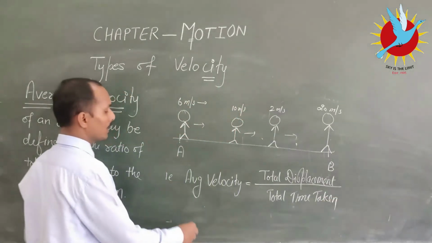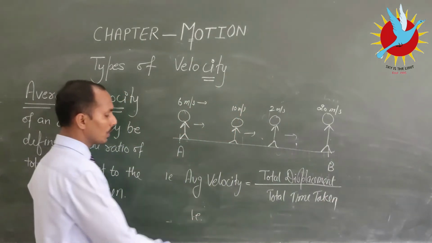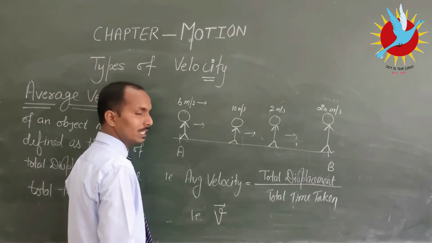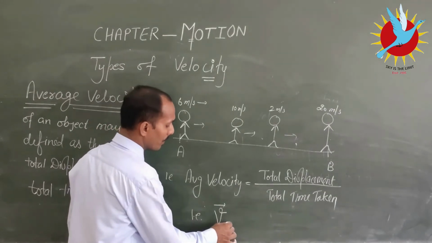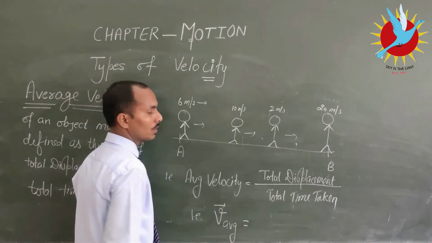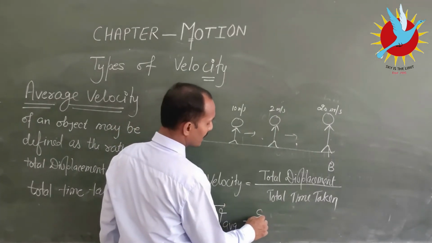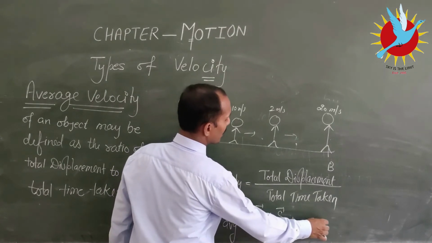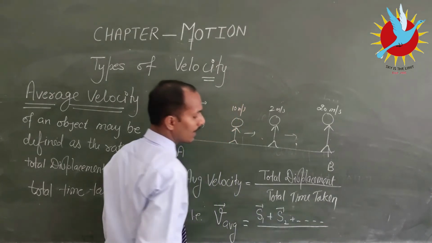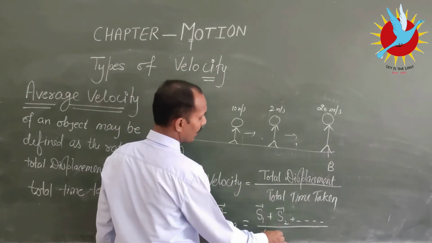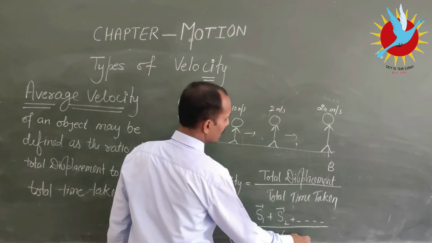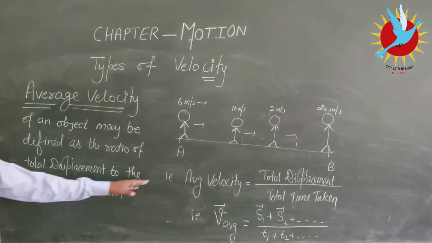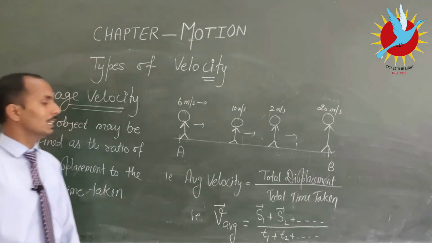Suppose the first displacement is s1, then the second displacement is s2, and so on, third, fourth. You add all the displacements and divide by the total time, t1 plus t2 plus t3 plus t4. So this is the formula of average velocity.